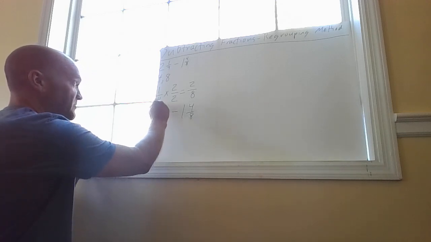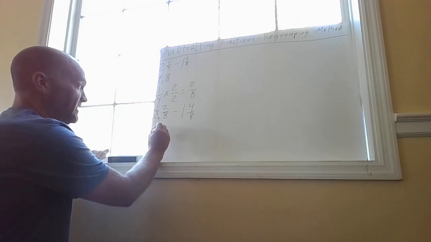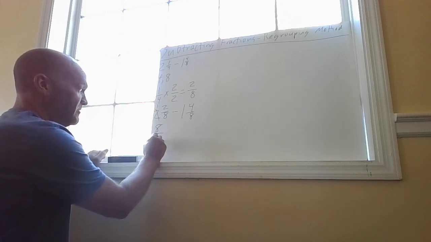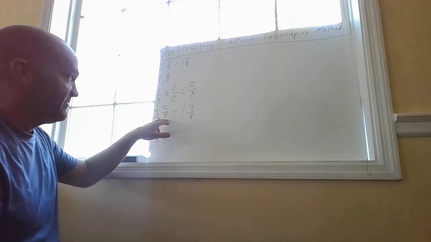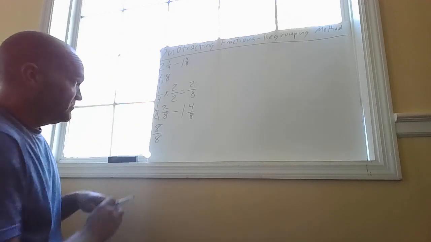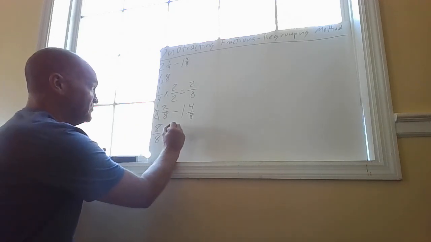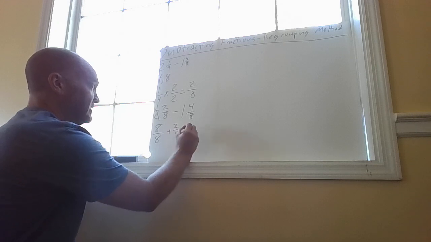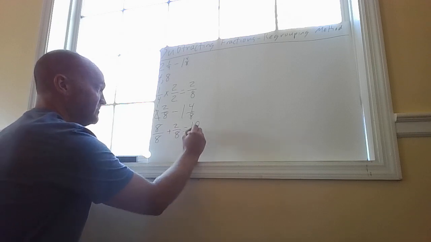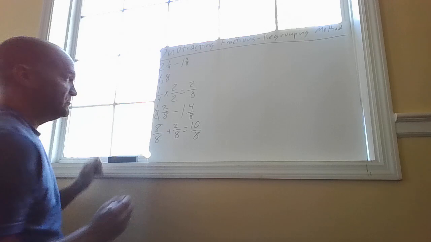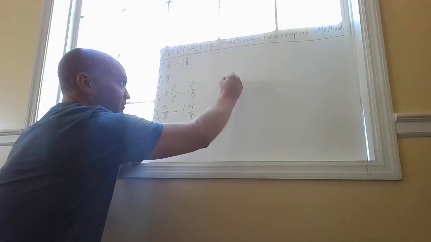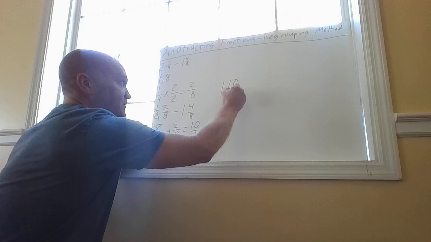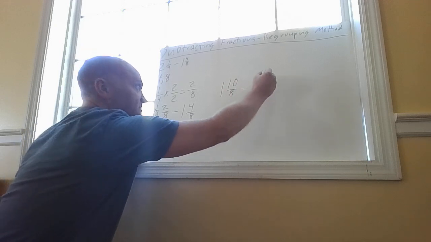So this will become 1, and the numerator and denominator are always the same, but I need to have it as 8s. So I'm going to add that to my 2/8, and that gives me a total of 10/8.